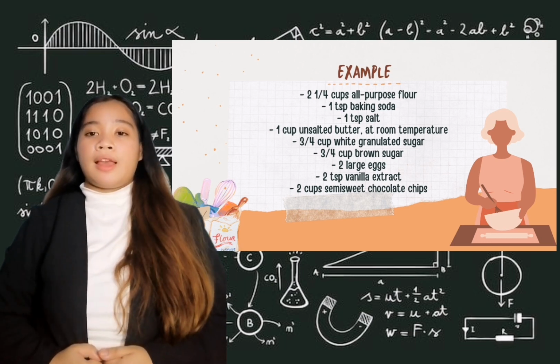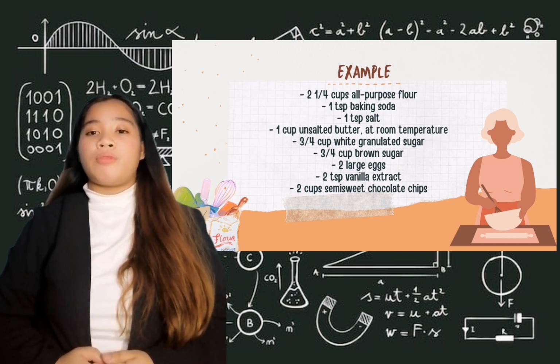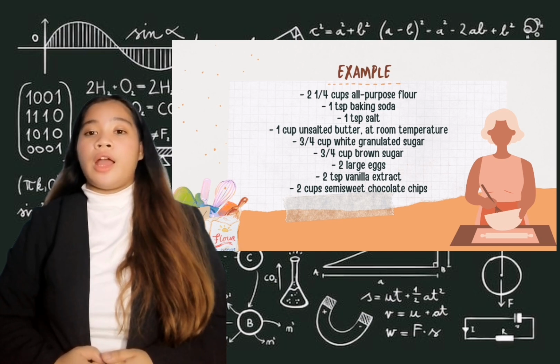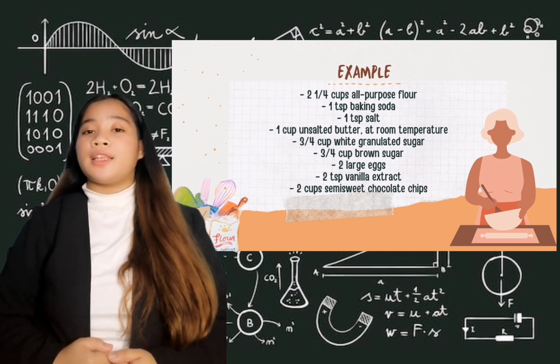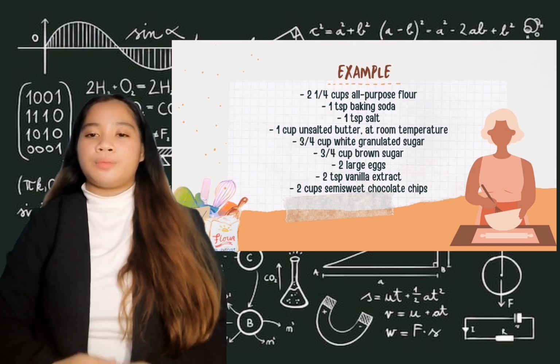In this recipe, the use of fractions and measurements in cups, teaspoons, and tablespoons is a form of mathematical language and symbols. Precise measurements are important to ensure that the cookies turn out the way they are intended to.